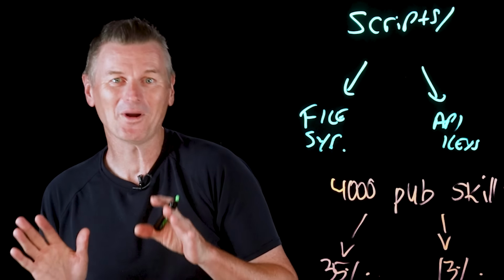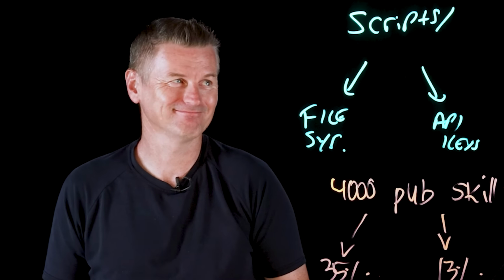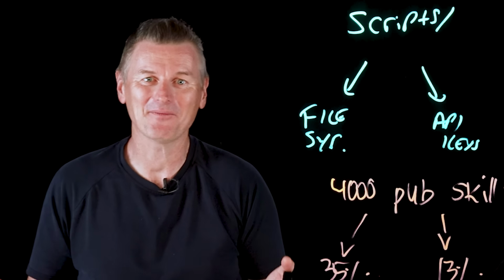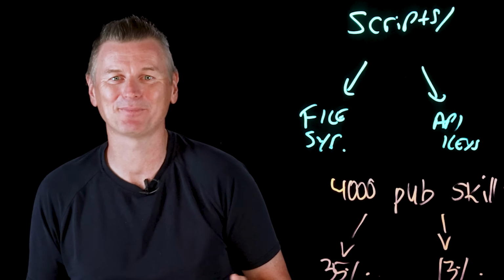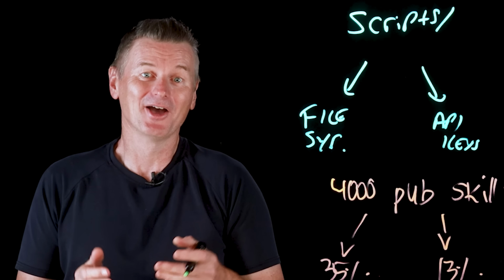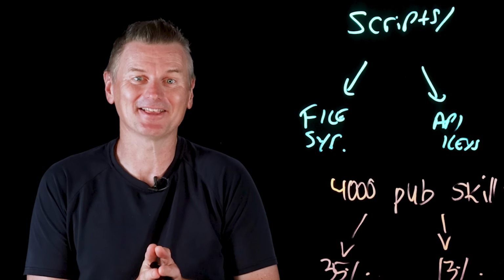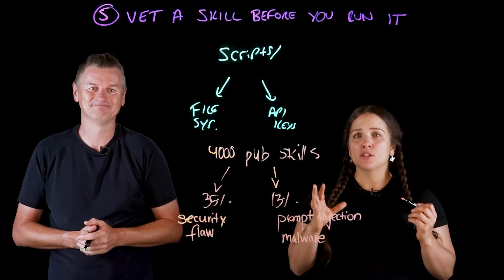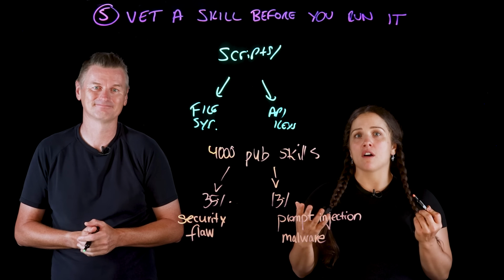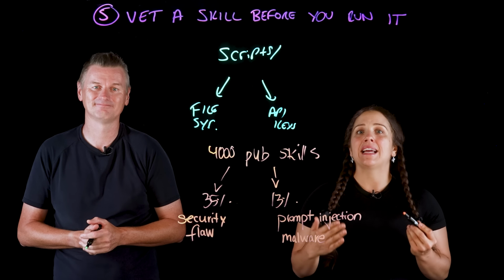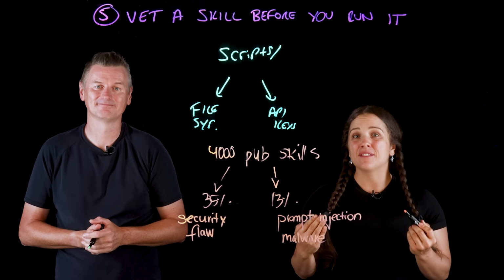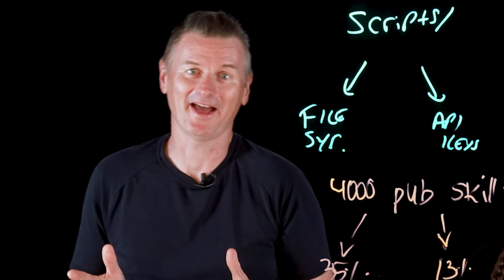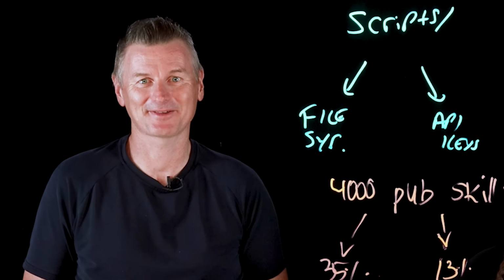Which means we have to treat an agent skill like any other dependency, the same way we'd check a random package before pulling it into a project, which is to say, read what it does and check what it reaches out to. Right. So just because an agent's skills are an open standard, that doesn't say anything about whether a given skill is safe.